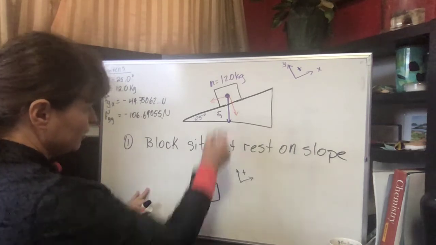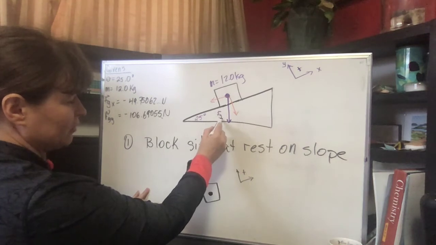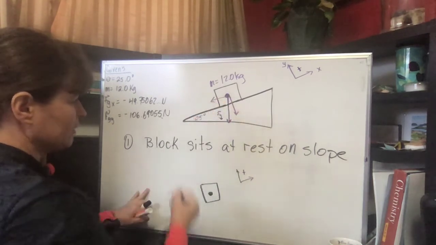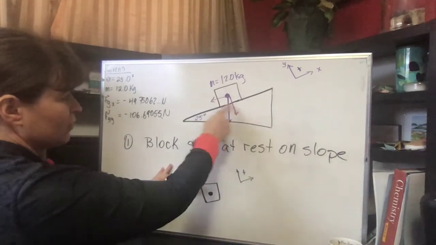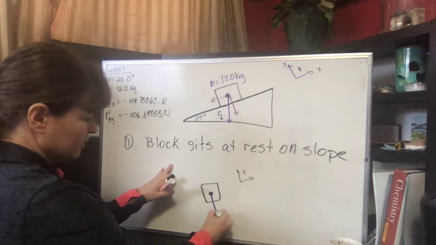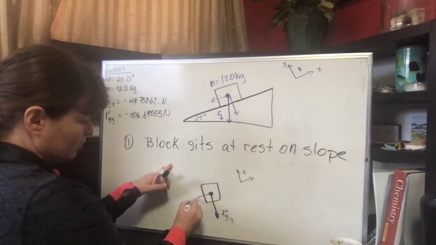And again, you can either draw the one force of gravity, sort of that net vector, or you can draw your y component and your x component onto it. I'm going to draw the components. So my y component will be here. My x component will be here.